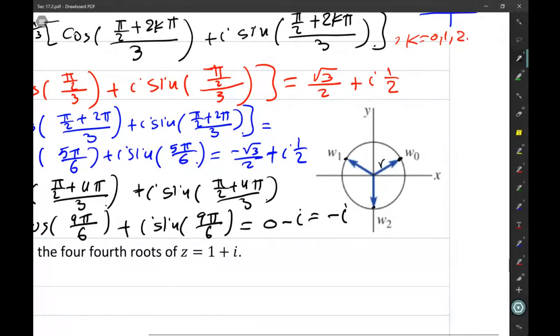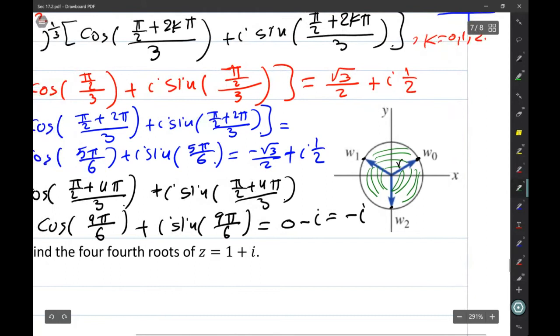You will notice that the three roots will divide the circle with center (0, 0) and radius R into three equal parts. I mean this part is equal to this part, which is equal to this part.